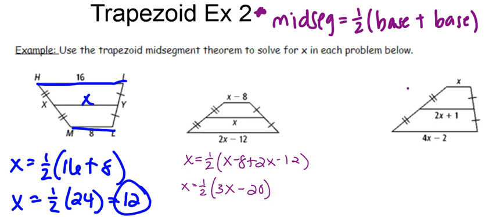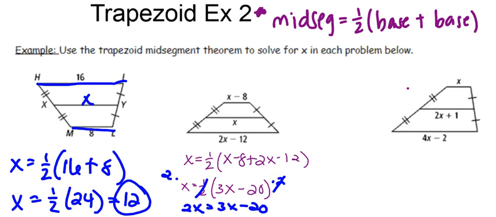Now, you could distribute the 1/2 if you want, but that would give you half of an x, and that just does not sound fun. So the other way to get rid of a half is you can multiply both sides by 2. And what that does is your 1/2 and your 2 cancel. So on the left, you have 2x equals 3x minus 20. Your half and your 2 cancel, so they're gone, so you just have 3x minus 20, and 2 times x is 2x.